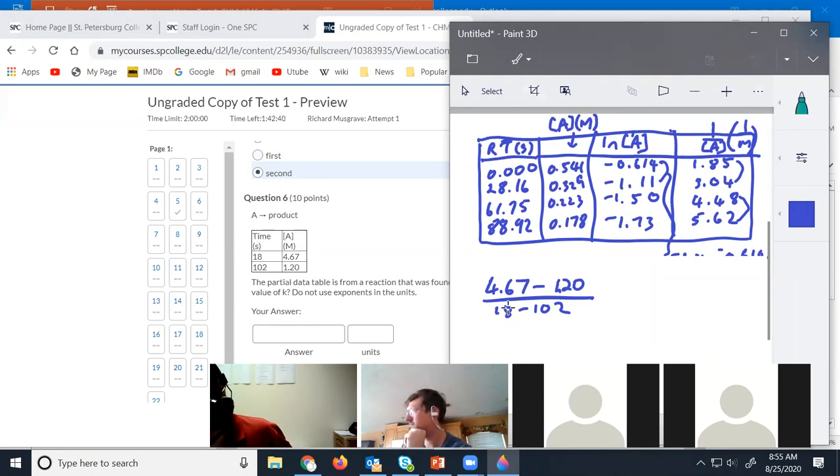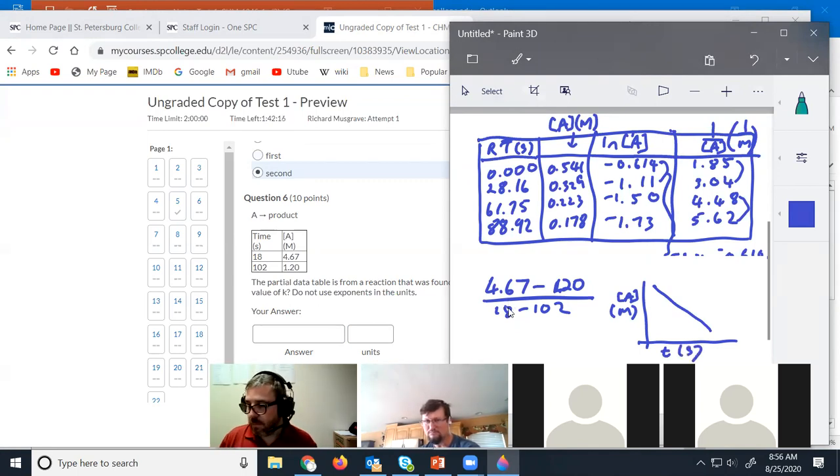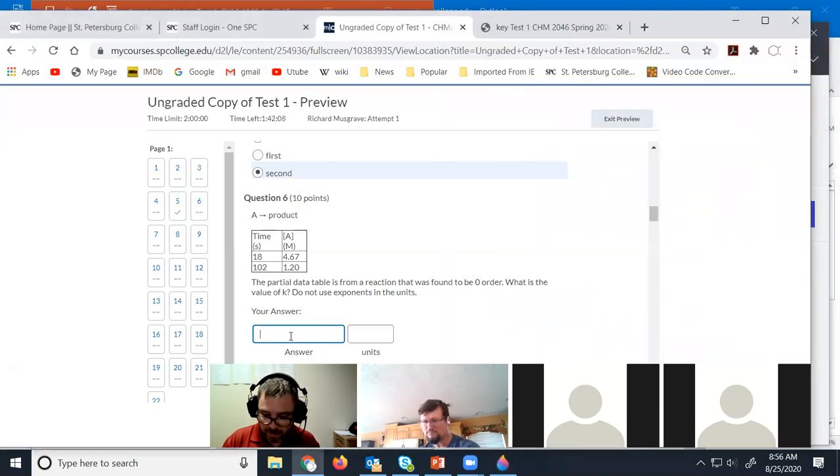Can somebody give me an answer for that, please? I got negative 0.04. Okay, let's do two sig figs on that. 0.041. So negative 0.041, right?